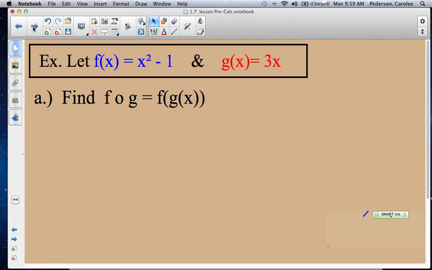What am I going to replace g of x with? 3x. I'm going to replace that g of x with 3x.